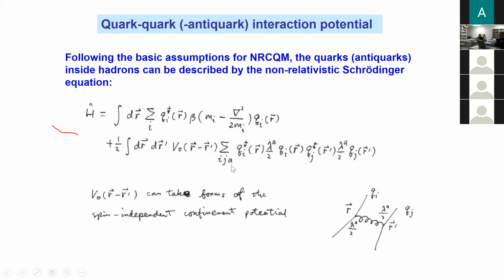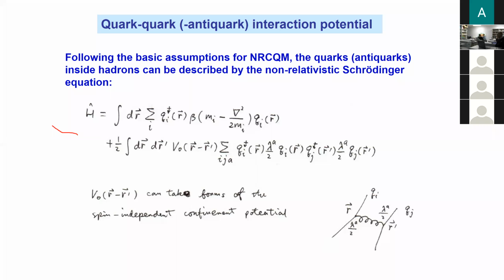Therefore, with the potential for a quark interaction, we can basically describe a quark and antiquark, for example, within a hadron. But keep in mind, this is a very empirical one. I will come to the point of what we have left out or thrown away, and what is a crucial assumption which gives a reasonable description of the data. So basically, the gluon interaction is just like a potential in this kind of diagram.